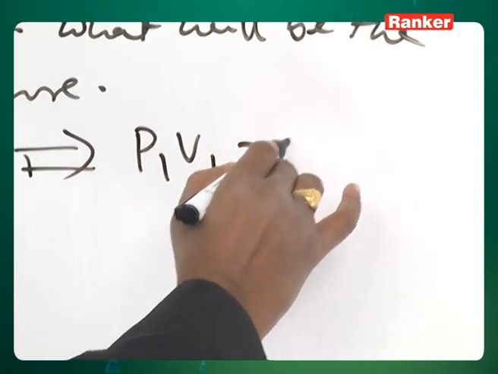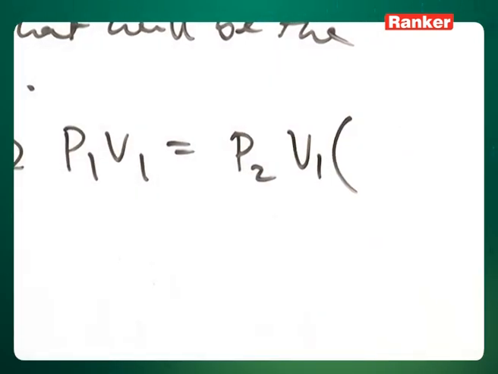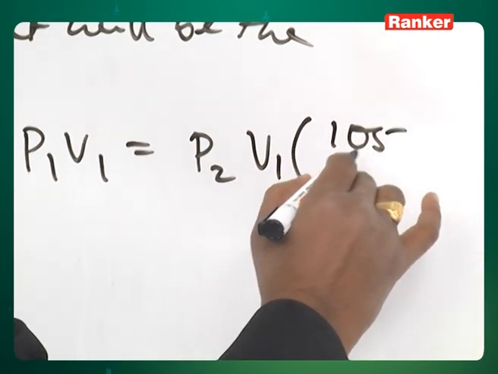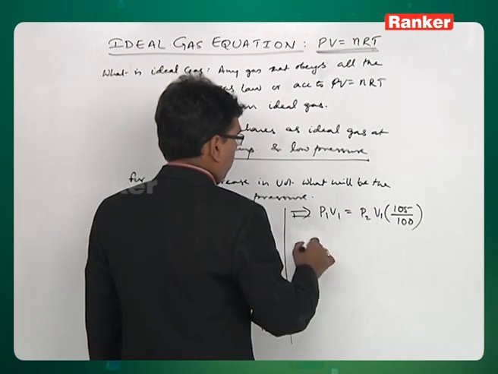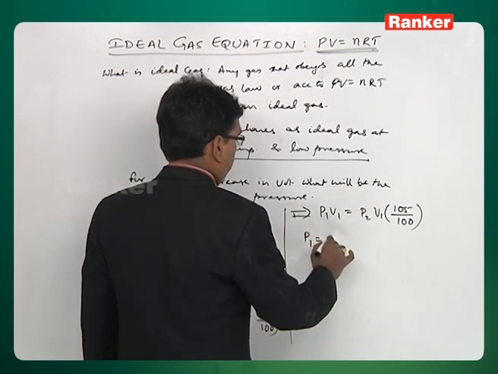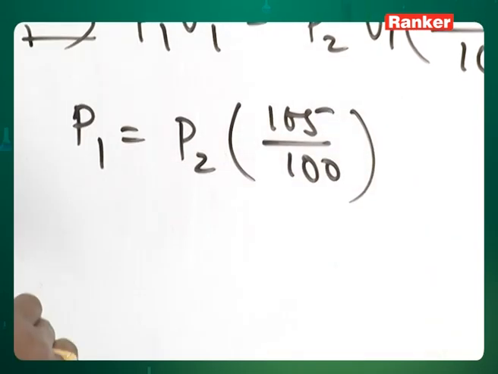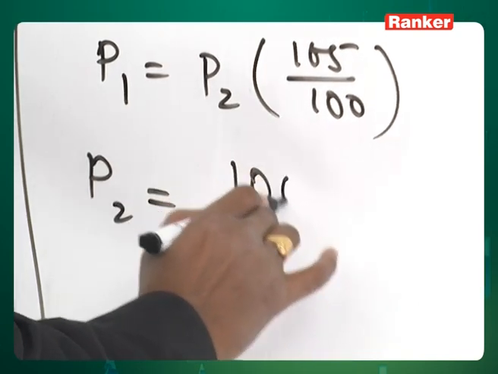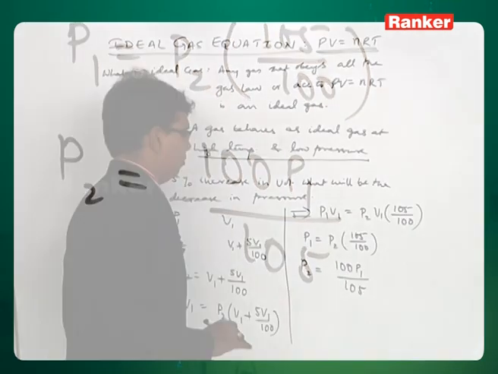So P1 V1 is equal to P2 into V1 into 105 by 100. From this, P1 is equal to P2 into 105 by 100, or P2 is equal to 100 P1 by 105.